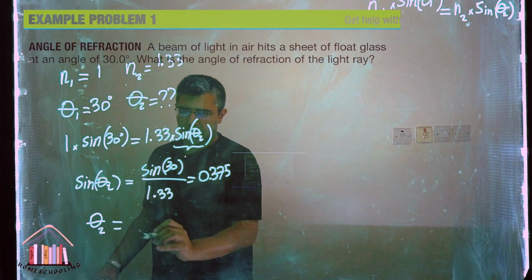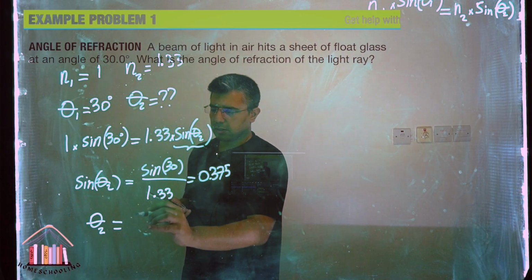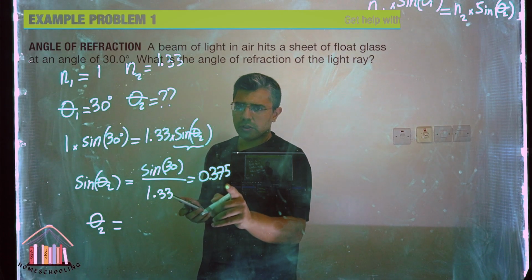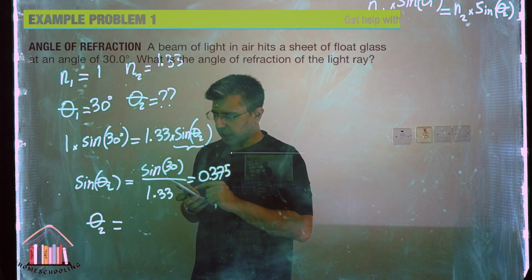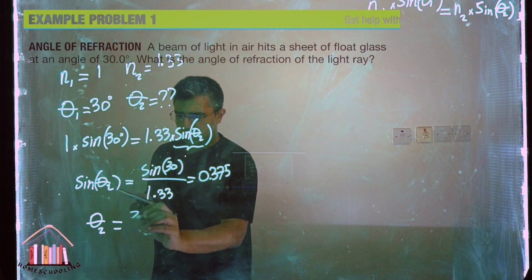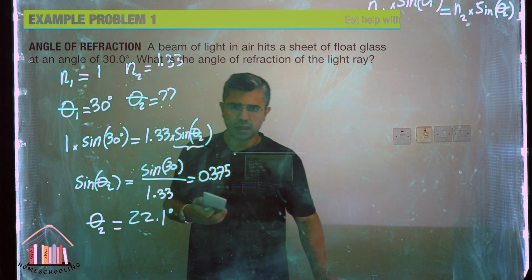So what to do in this case is we do shift, it will become sine minus 1 of this value. By doing shift sine on the calculator of this answer, we got 22.08 or 0.1 degrees.